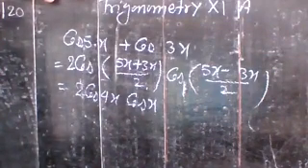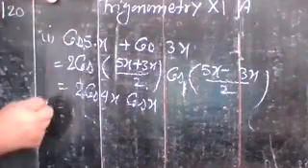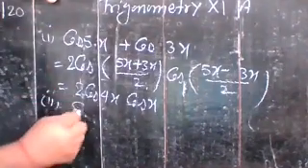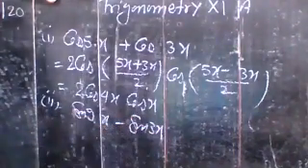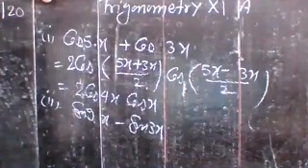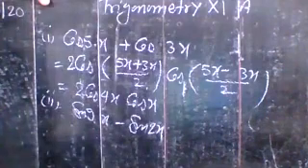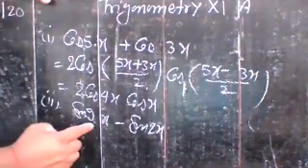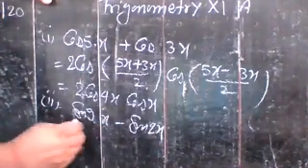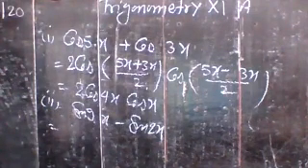In the same way, next part. In the second part, you have sine 9x minus sine 2x. So this is in the form of sine x minus sine y, and sine x minus sine y is equal to 2 cos of x plus y by 2 into sine of x minus y by 2.